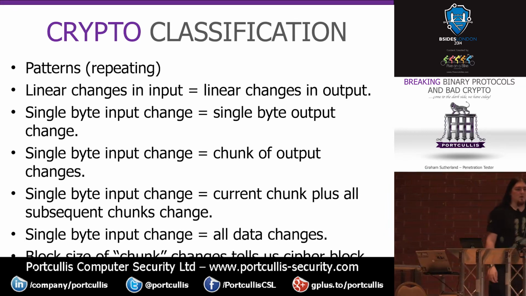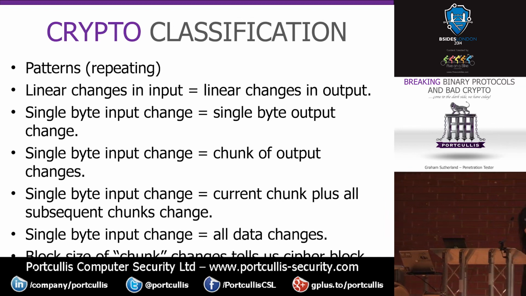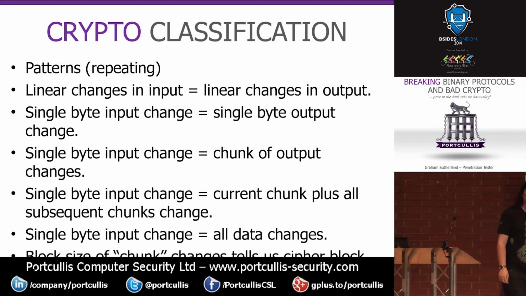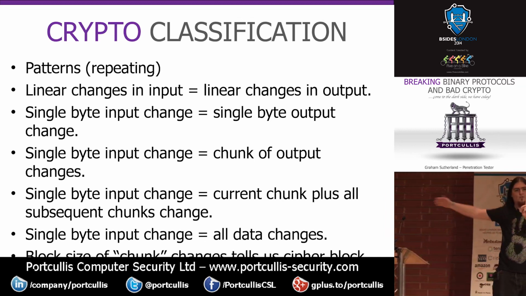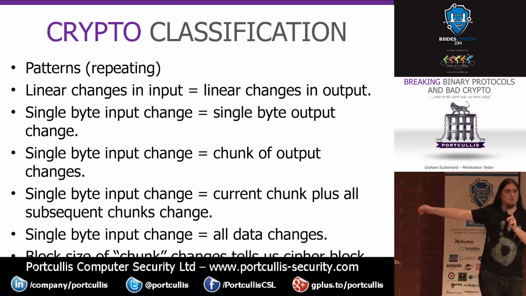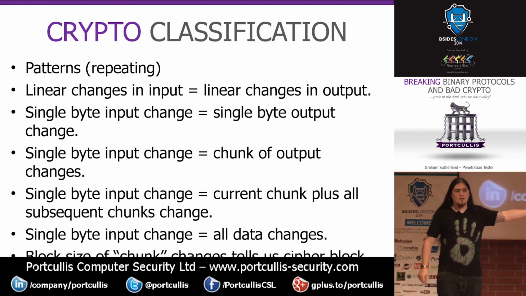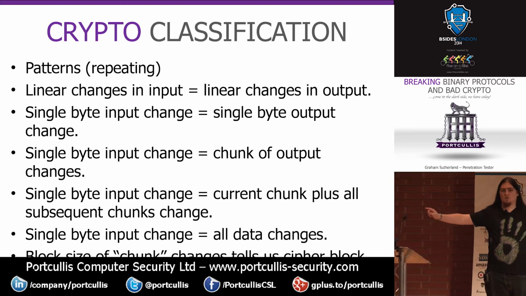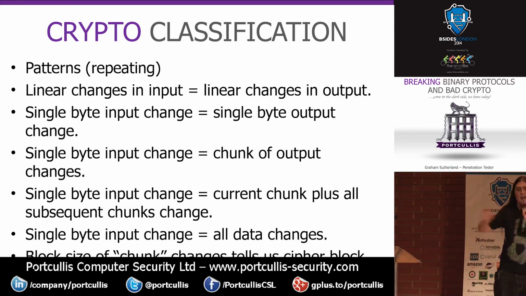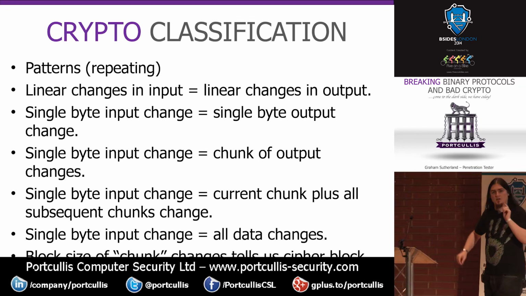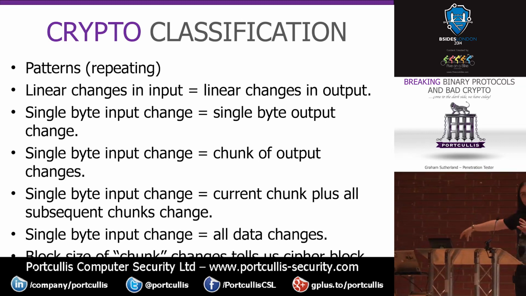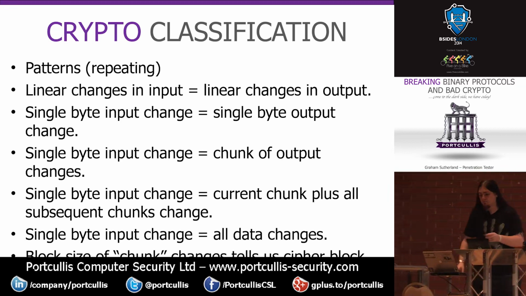So you know it's ECB mode if you change one block and only that block changes. You know it's CBC mode if you change it, that block changes, and all of the blocks after it change, but the ones before don't. If you put a big string of A's, flip one to a B, and see that everything after that gets changed, you get this cascading effect.